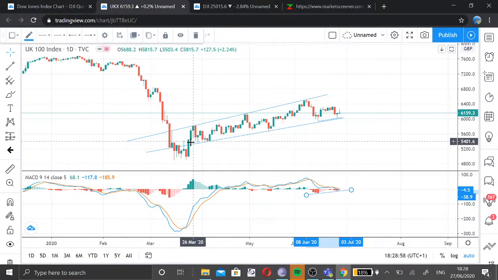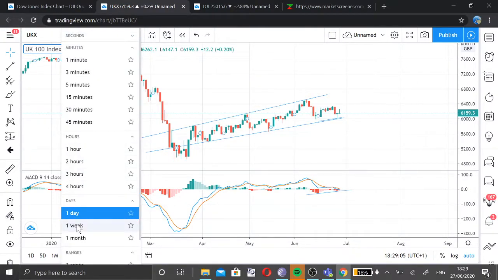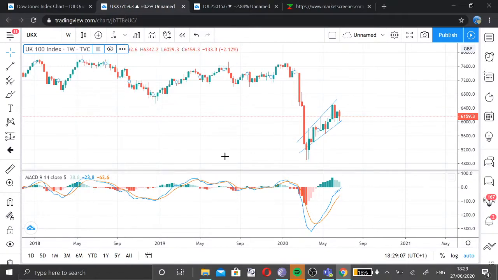Let's look at a higher time frame, which is the weekly time frame. So again, like Dow, on the weekly time frame, you can see the MACD histogram bars are reducing, which indicates loss of momentum, and the red line in the next 2 or 3 weeks is about to cross over the blue line.